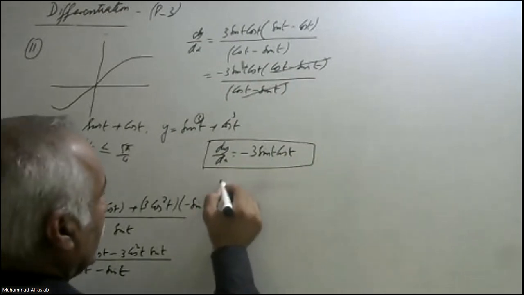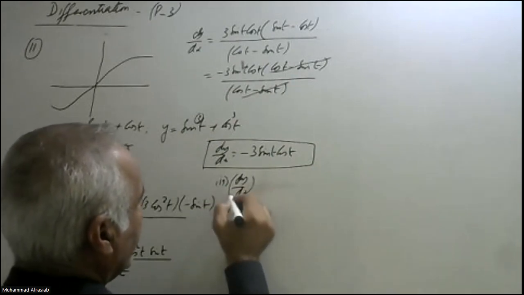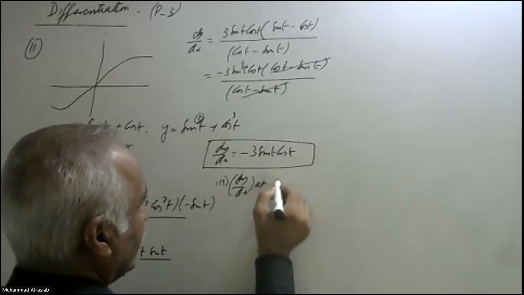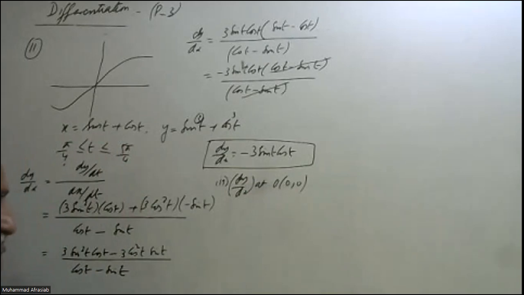Now for the second part, find the gradient, that is dy/dx at the origin, that is (0, 0). For this origin, we know that either the x coordinate or the y coordinate is equal to zero.